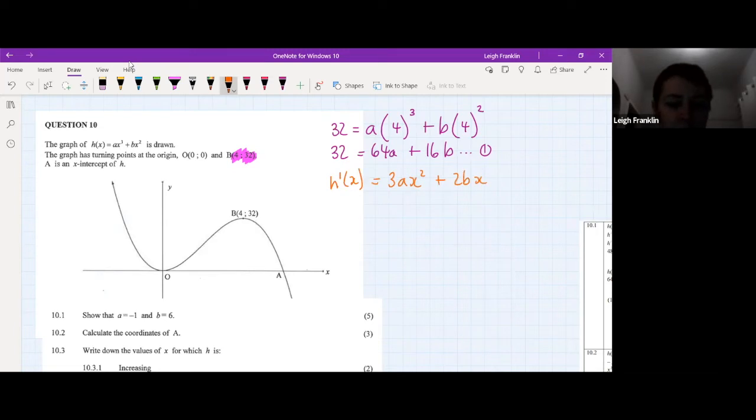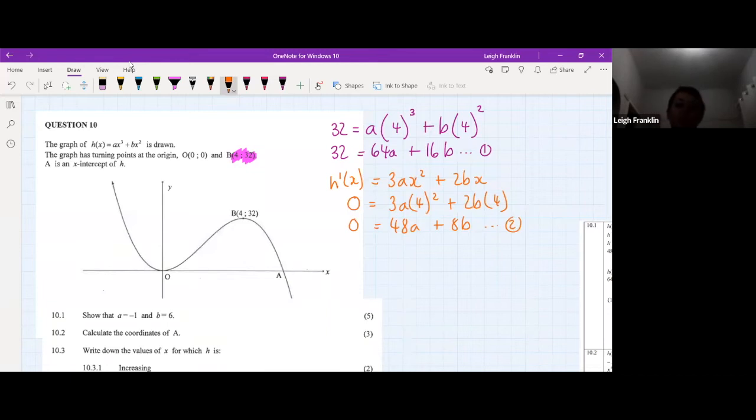Now I need to sub in 0, because the gradient of the turning point is 0, and this happens when x is equal to 4. Now I'm getting my second equation. This gives me 48a plus 8b, and here is equation number 2.